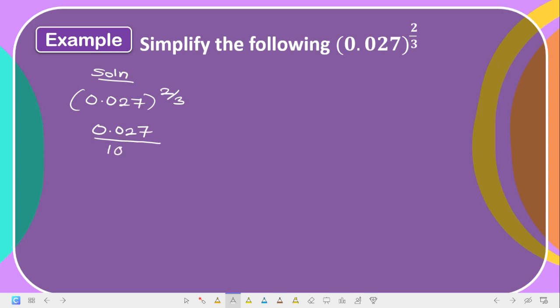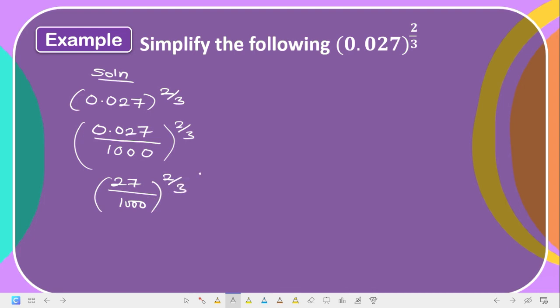So this becomes 1000. So 0.027 is now 27 all over 1000, raised to the power of 2 over 3.